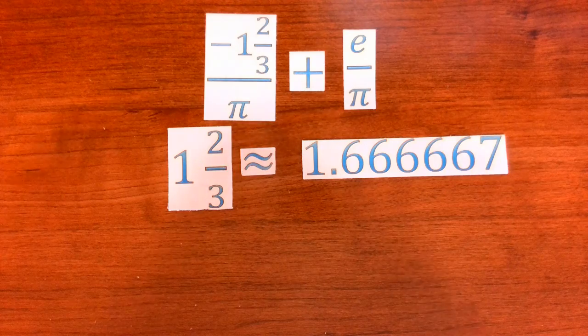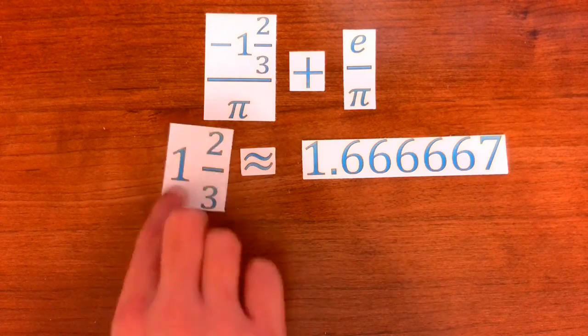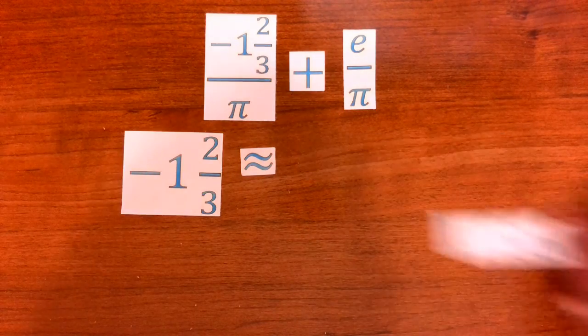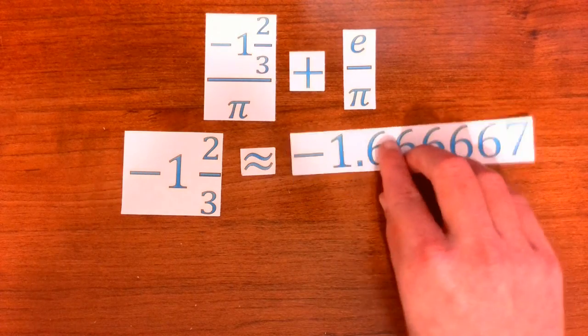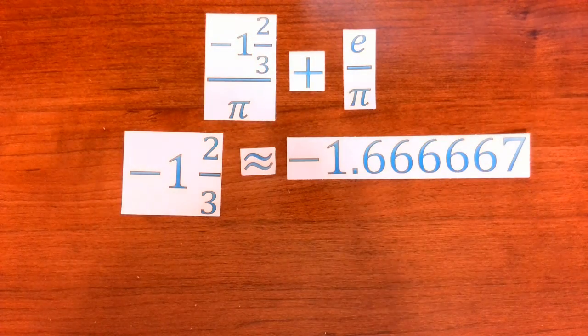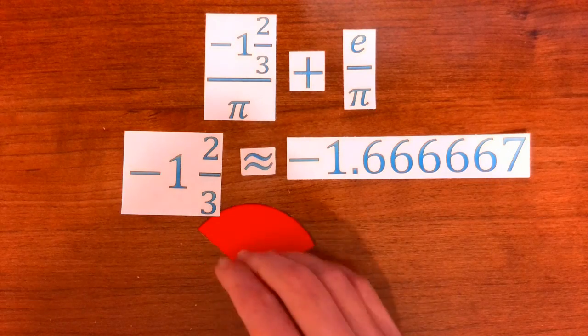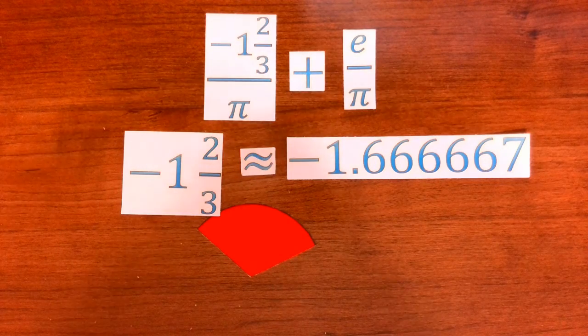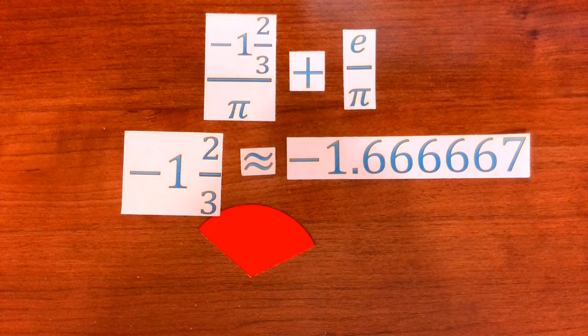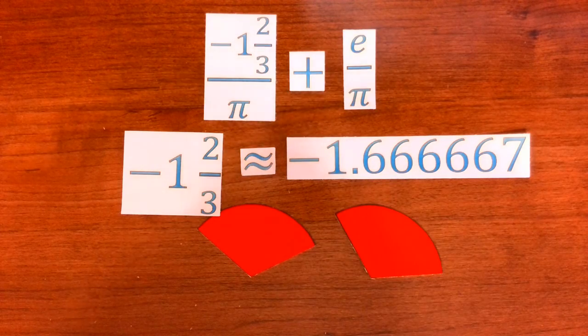Now, if I were to take the negative of both sides, I would find that negative 1 and 2/3 is approximately negative 1.666667. So I need that many over pi. Well, here I have negative 1 over pi. So I need a little bit more, negative 2 over pi. Well, that was too much.